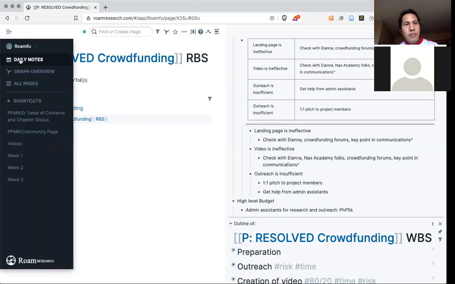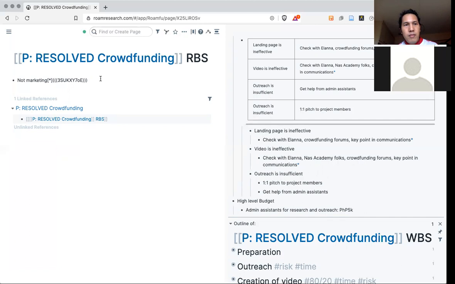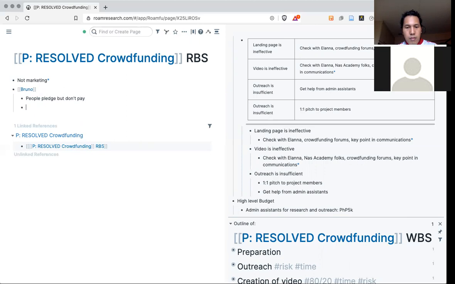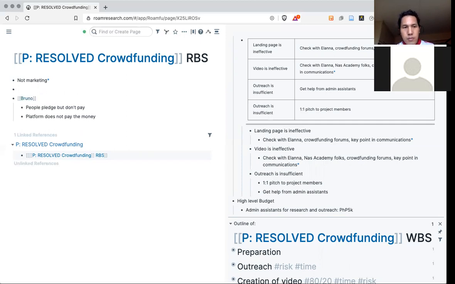Or you can imagine that the platform that you are using is not paying you the money because they find a reason for not paying, like for example, they consider that the group who started it didn't provide legal proof that they are allowed to collect funds. It's a big silly risk, but it happened.